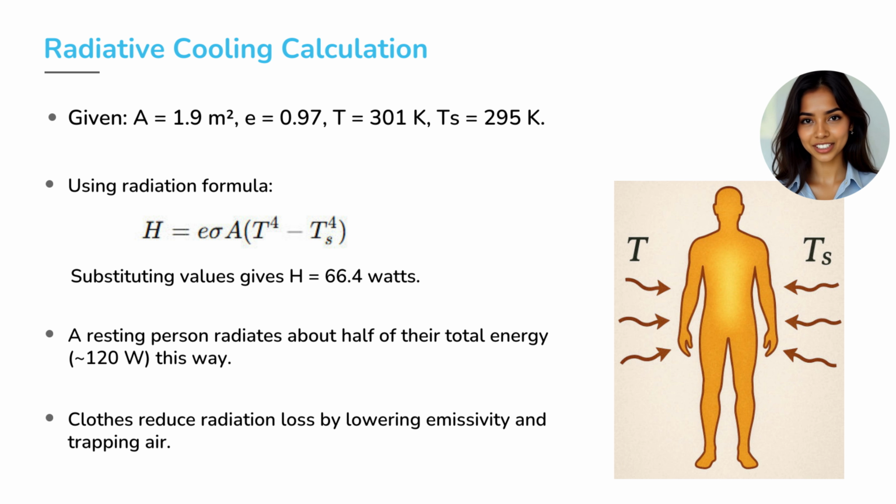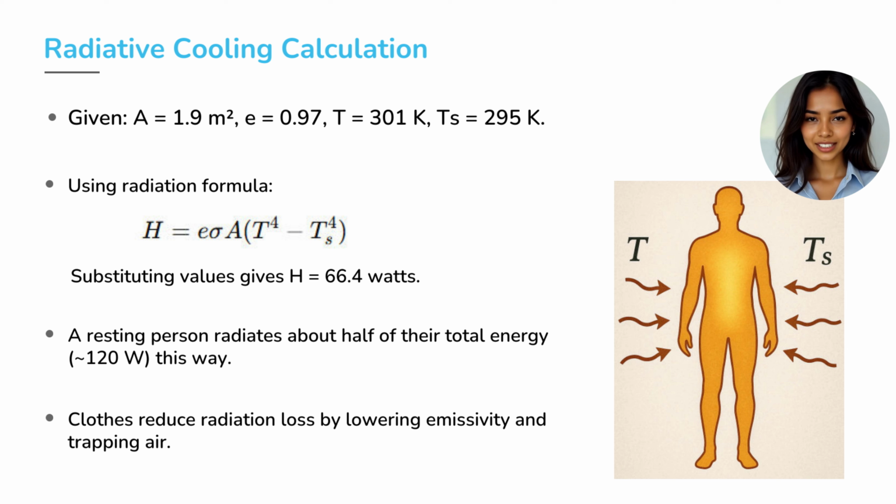H equals E multiplied by sigma multiplied by A multiplied by (T to the power 4 minus T_S to the power 4). Substituting the values, 0.97 times 5.67 times 10 to the power of minus 8 times 1.9 times (301 to the power 4 minus 295 to the power 4) gives us about 66.4 watts.